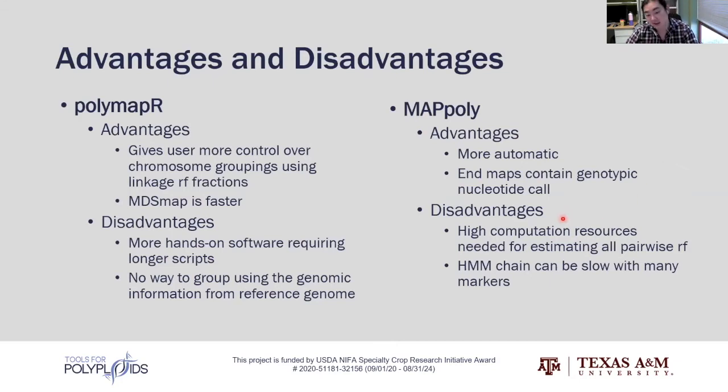Some disadvantages of Map Poly are that I've found it to be really computationally intensive, due to the need to make all the pairwise recombination fraction comparisons between all marker types at the very beginning.